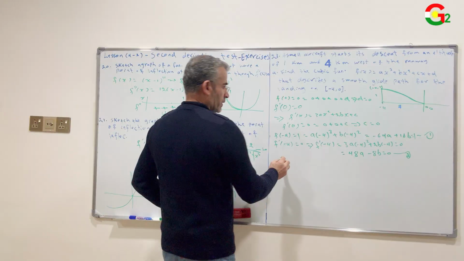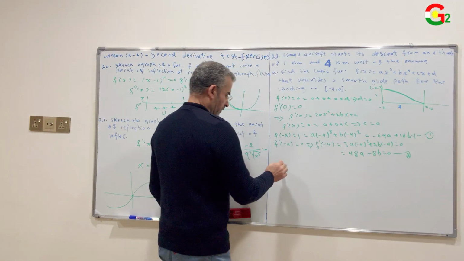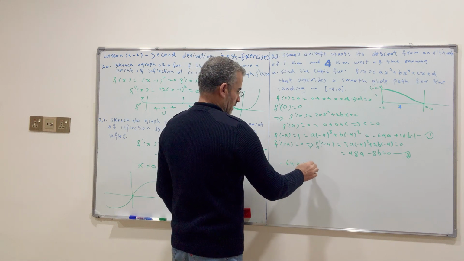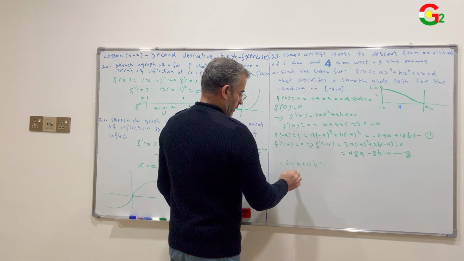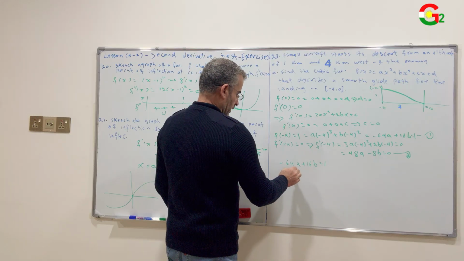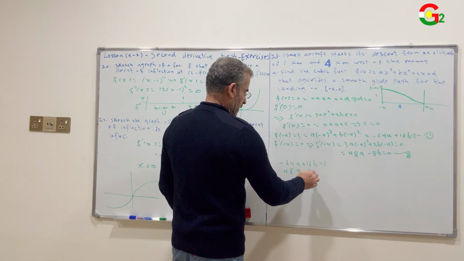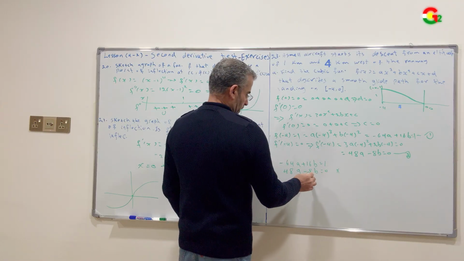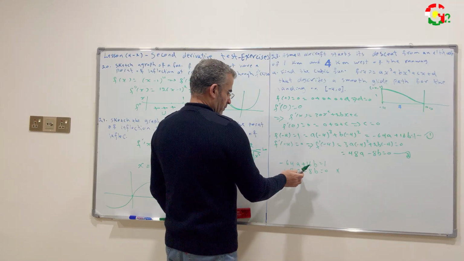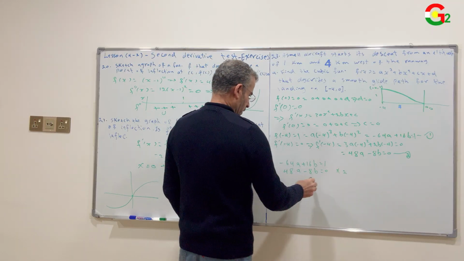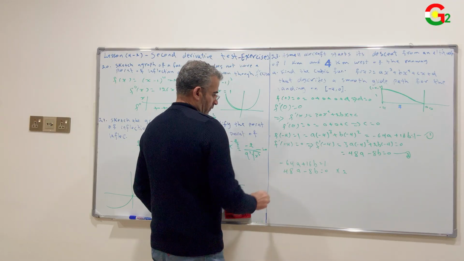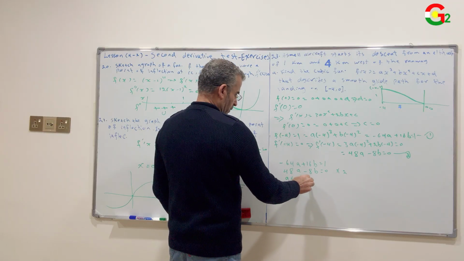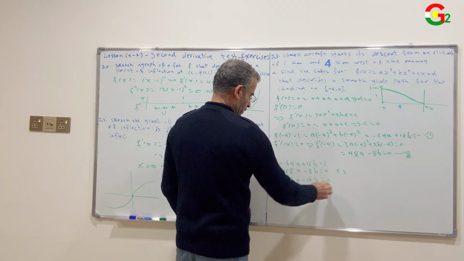Now solve these two equations, 1 and 2, to find the values of a and b. Negative 64a plus 16b equals 1 and 48a minus 8b equals 0. Multiply the second equation by 2, then it will be 48 times 2, 96a minus 16b equals 0.